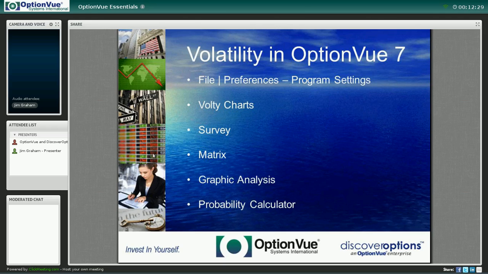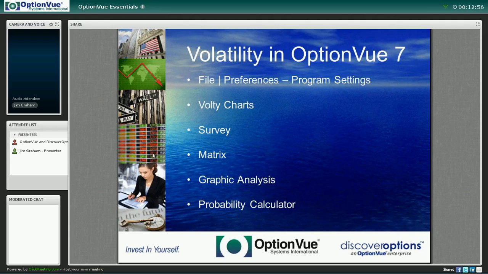Some files and preference and program settings you can do. Of course, the Volti charts, which are the basis for giving you a good idea for any asset, what is maybe a normal level of volatility. The survey feature, which is designed to find volatility characteristics, stocks or futures or any asset based on certain volatility characteristics.